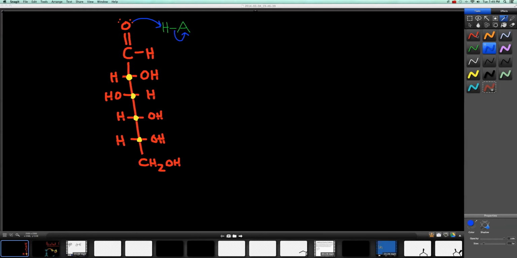So our first intermediate will simply activate our carbonyl carbon.